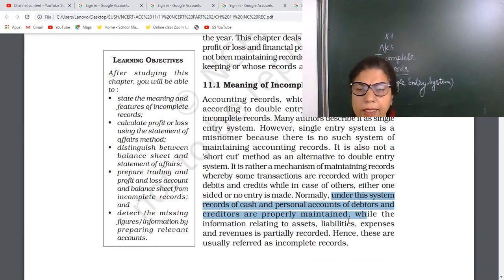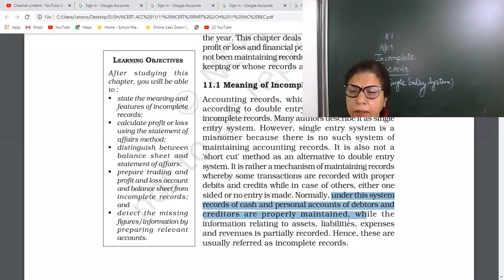You cannot say single entry means only one side entry will pass. No, single entry or incomplete record means few items, few accounts you will keep in your records and others ignore. That's why these are known as incomplete records. See, please note down, under this system, records of cash and personal accounts of debtors and creditors are properly maintained. Other accounts are not to be maintained. Like only few accounts partially they maintain, other they ignore.